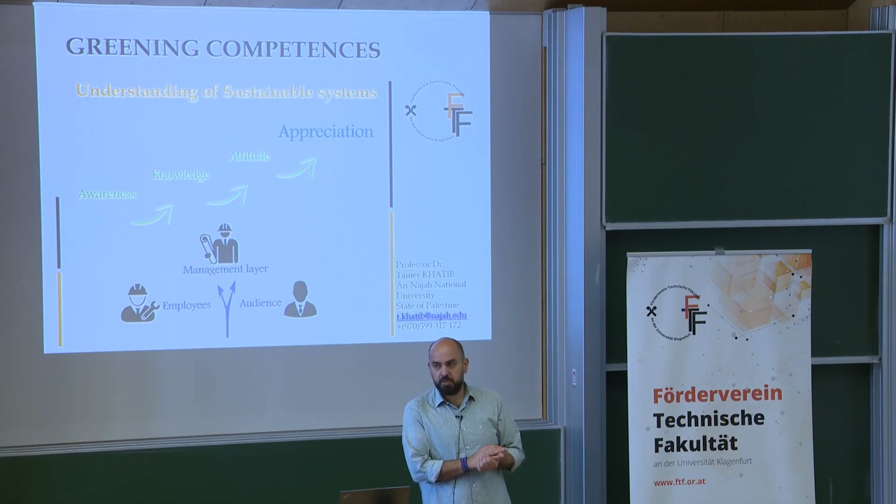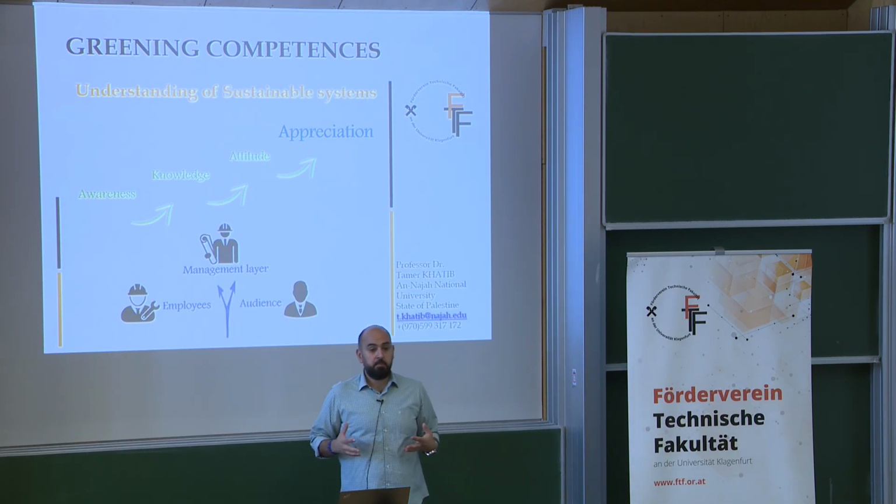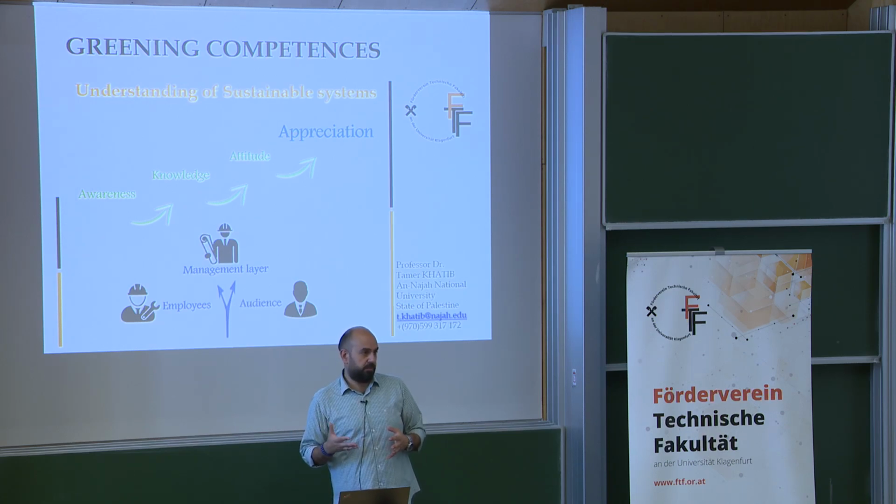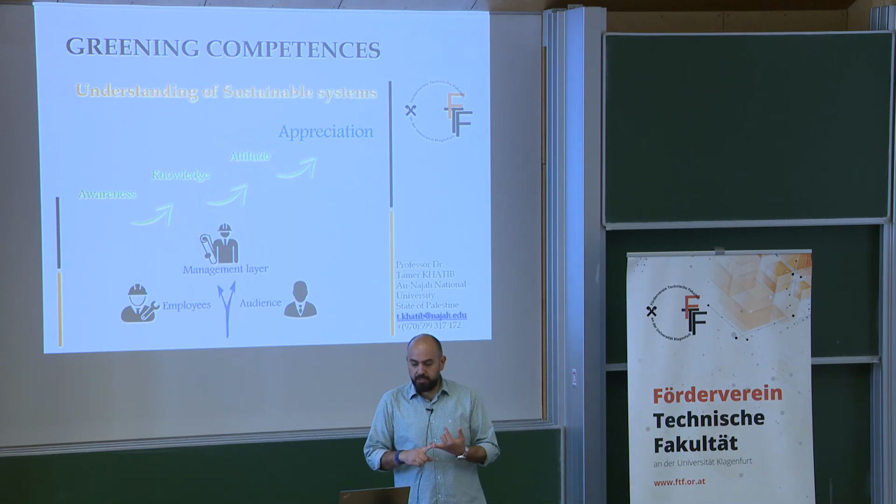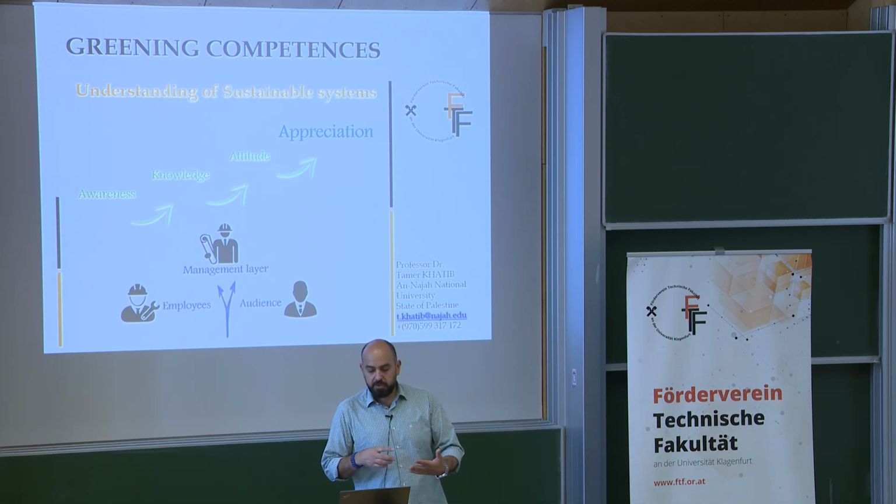For any local government system, we have to assure that the people inside the system understand the concept of sustainable system. The understanding of sustainable systems implies many levels of knowledge, starting with awareness, knowledge, attitude, and we then reach appreciation.